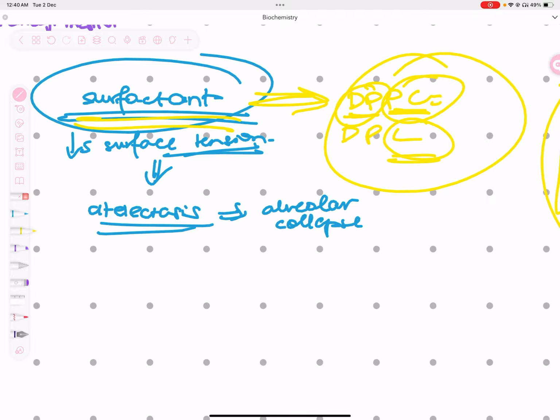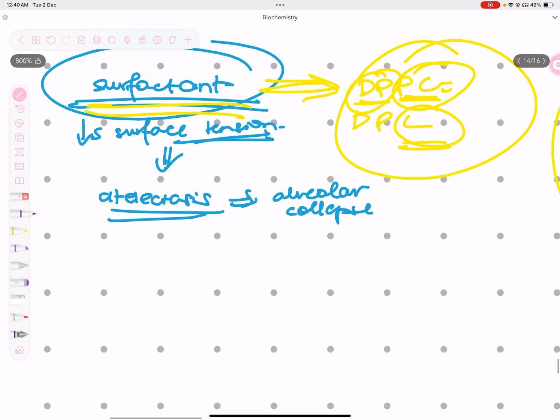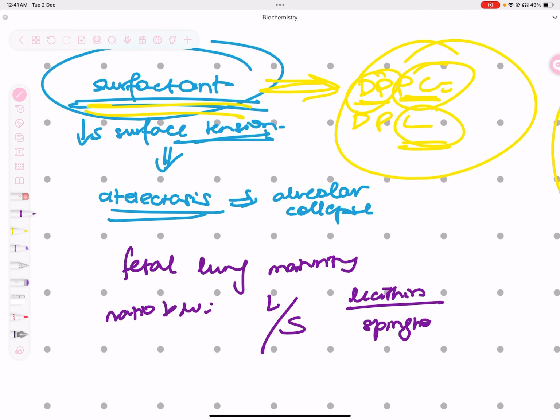Now there's another very important clinical correlate जो कि है about fetal lung maturity. So in order to assess the fetal lung maturity, what you need to do is you need to check the ratio between lecithin and sphingomyelin. So lecithin or sphingomyelin. Now, what is sphingomyelin?